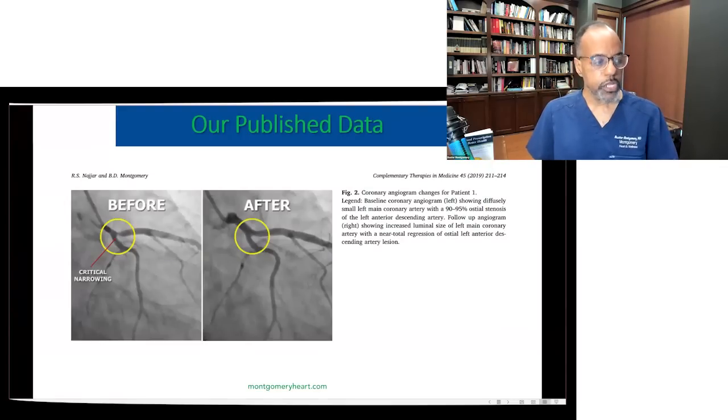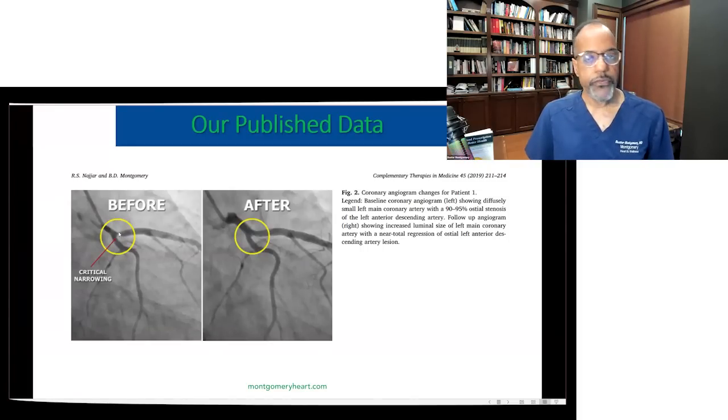The other issue we're dealing with is this is one individual that had coronary disease, and many of these patients with heart failure, even though they don't have epicardial coronary disease, may have small vessel coronary disease. And this shows the effect of a plant-based diet on coronary disease. Here's someone with about a 90 to 95% ostial lesion in the LAD.